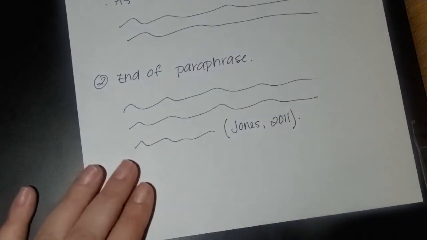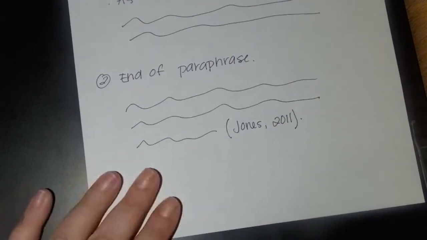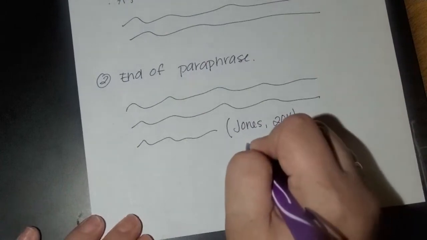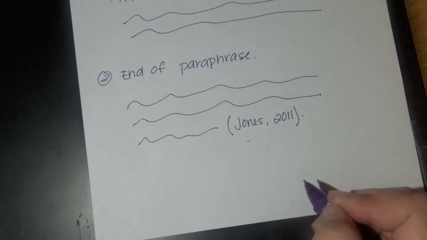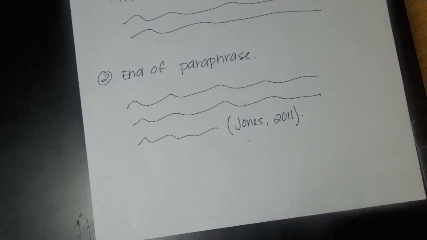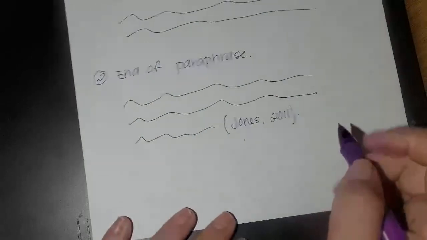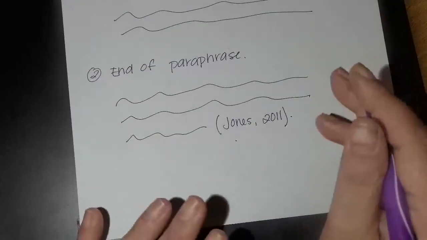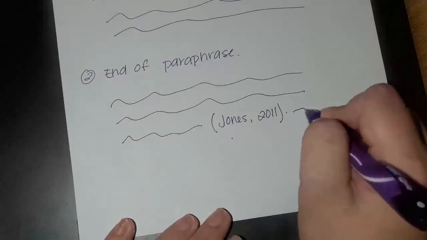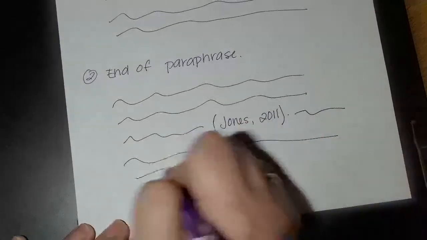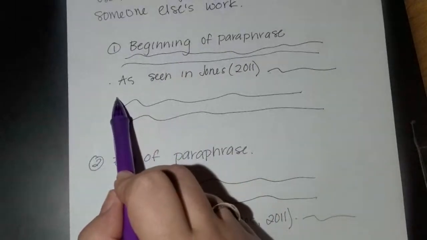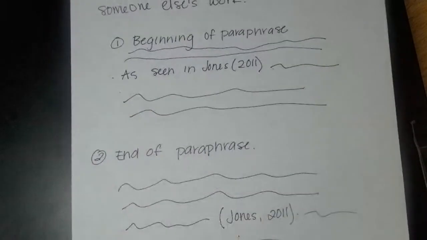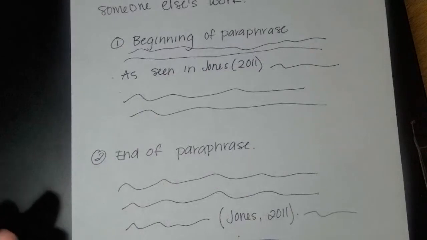Same as this one. This one also has a catch to it. If you put this at the very, very end of your paragraph, that means that you're attributing that entire paragraph to that paraphrase. So we typically use them in the middle, okay? And you would then continue right after it, okay?